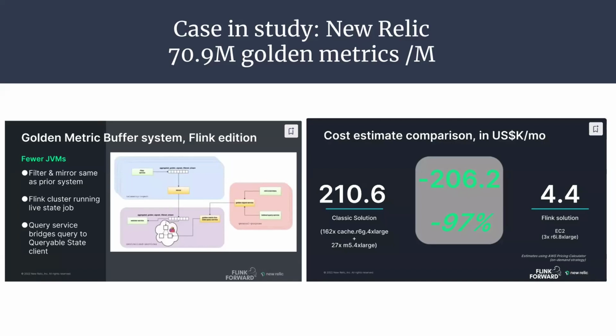This is New Relic. New Relic has SRE golden signals that they aggregate from a number of different services. How does that work? Essentially, the short use case is a look-aside cache, which would otherwise be done in something like Redis, right? So in other words, New Relic has NRDB, and you go retrieve a bunch of signals from there.